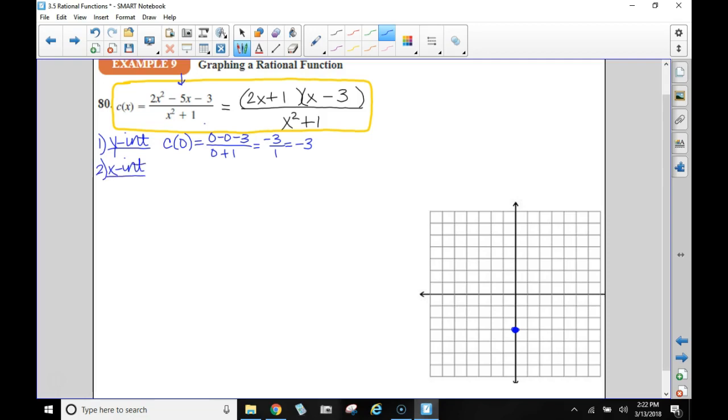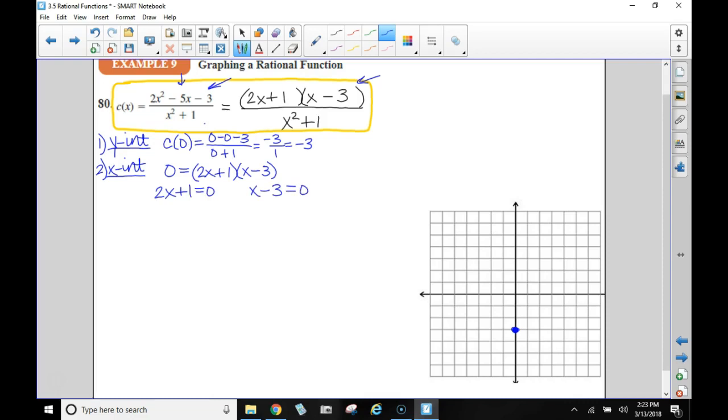Next, x-intercept. Okay, x-intercepts are going to occur where the numerator is equal to 0. When that whole fraction takes on a value of 0, that is just where the numerator is equal to 0. So we're going to solve the equation, and let me go ahead and put it in factored form. Set that numerator equal to 0 and solve for x. So we've got 2x plus 1 equals 0, and x minus 3 equals 0.